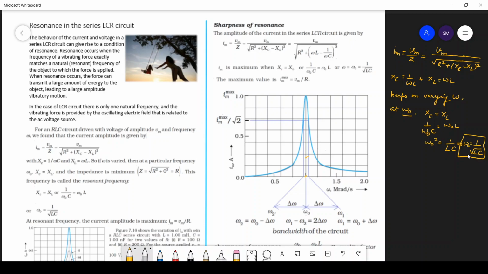that you will need when you will be solving the numericals. So resonant frequency is equal to 1 upon root of inductance into capacitance.